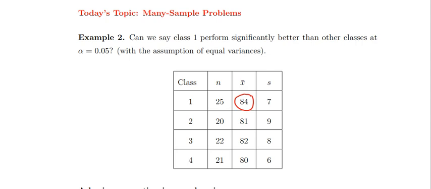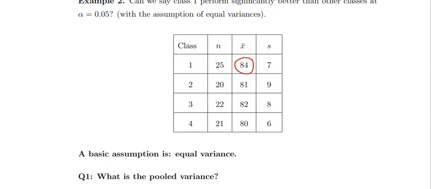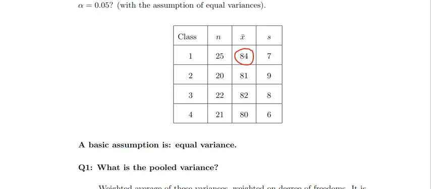We need statistical proof. For many sample problems, a basic assumption is equal variance. Why do we need this assumption? Because from the two sample problem, we find that even when comparing two samples, if we do not assume sigma 1 and sigma 2 are equal, we should replace two sigmas.